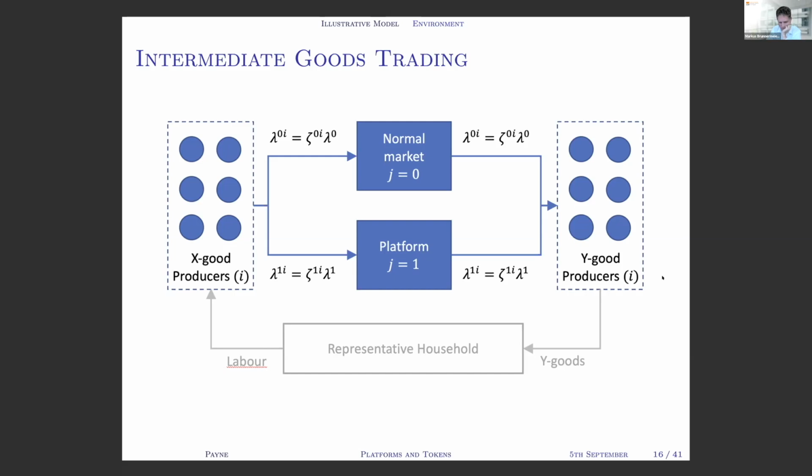Yeah, you could think about a platform opening. So the stationarity I'm talking about is with respect to the demand, right? So it's with respect to the market. So it's the Y good producers and the X good producers.